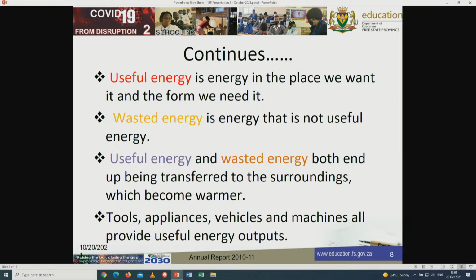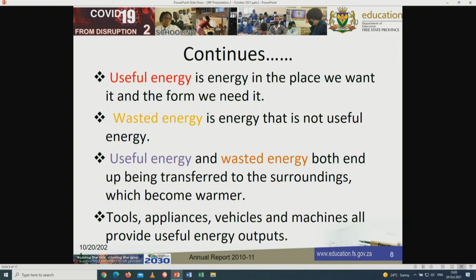Useful energy. Useful energy is energy in the place we want it and in the form that we need it, and we use it in the correct way.